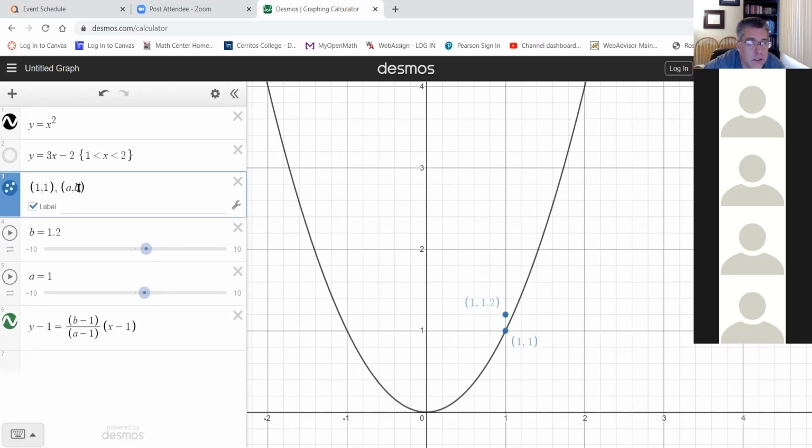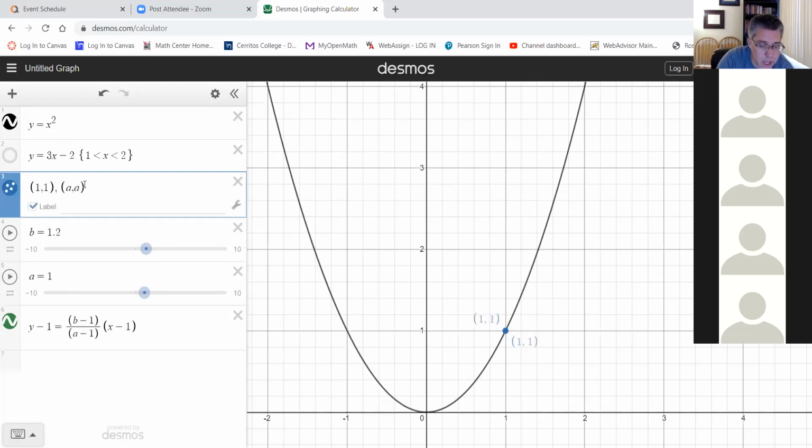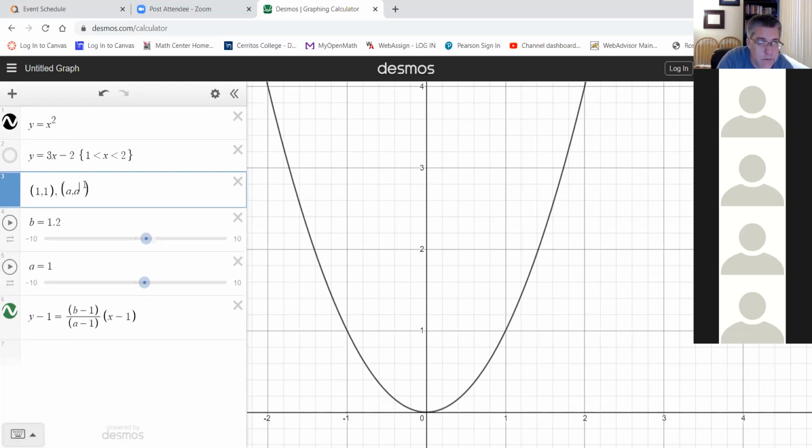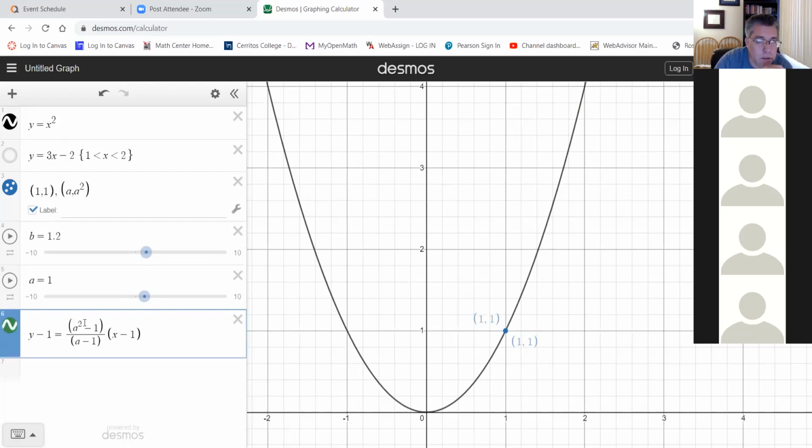Oh, okay, I get this. This has got to be a squared, because if I plug in x, y has to be squared, right? So this has to be a squared. Sorry about that. A squared. There we go. Okay, minus a1. There we go.